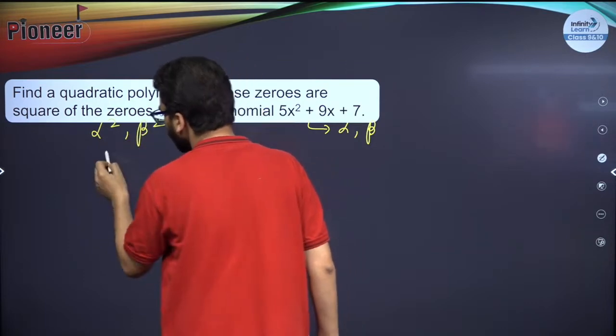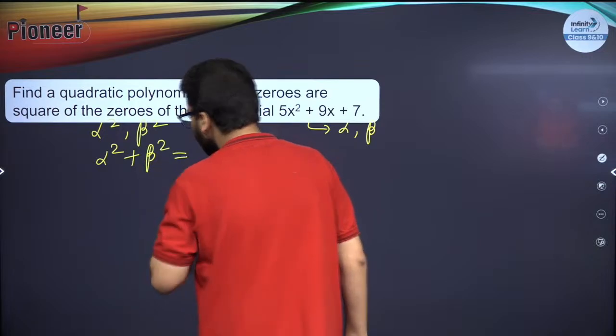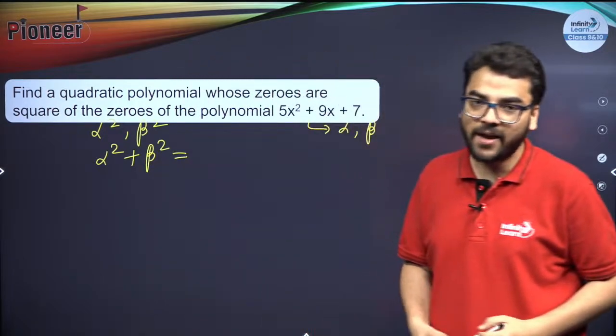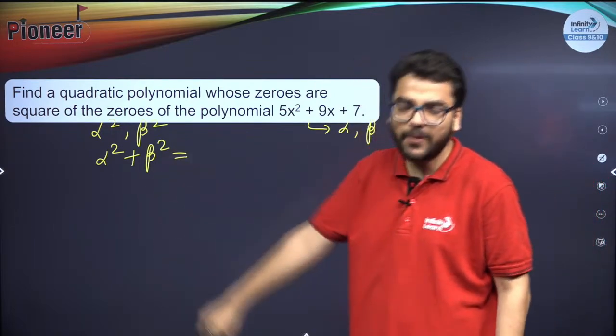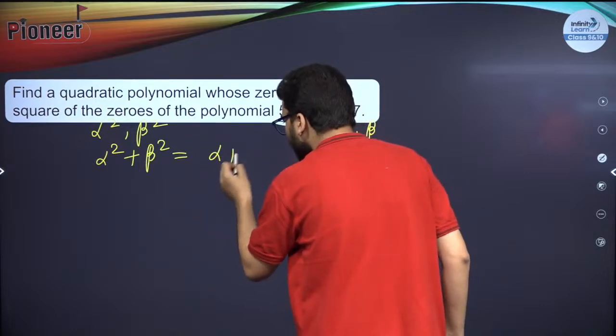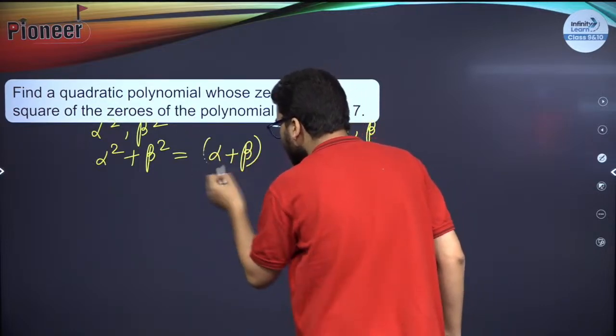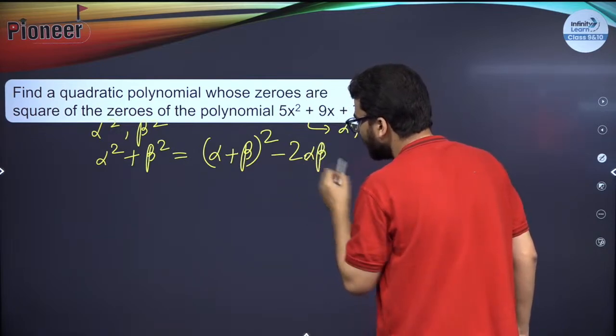So first I want to find alpha square plus beta square, right guys? So again, you don't know alpha and beta separately, so you have to find it in terms of alpha plus beta and alpha beta only. So alpha square plus beta square can be written like this: alpha plus beta the whole square minus 2 alpha beta, right? You have studied this identity, guys.